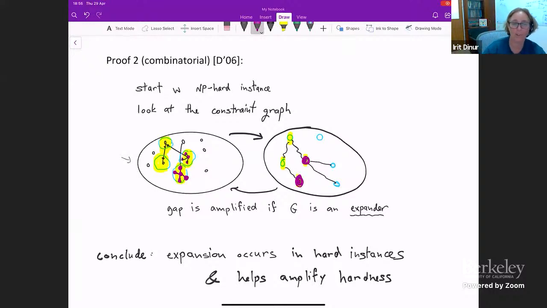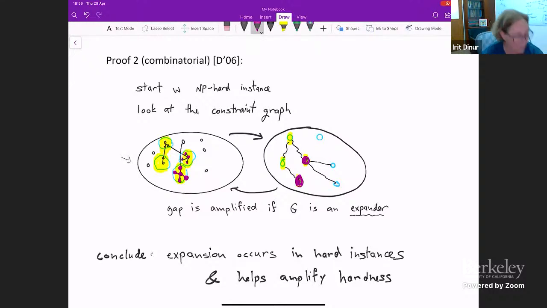And now, if you assume that this initial graph had some expansion in it, which we do by some kind of not easy tricks, then you see that the new graph is more connected. And if there was some problem, people notice it even from further away. So somehow the problem gets amplified because of the expansion of the graph.